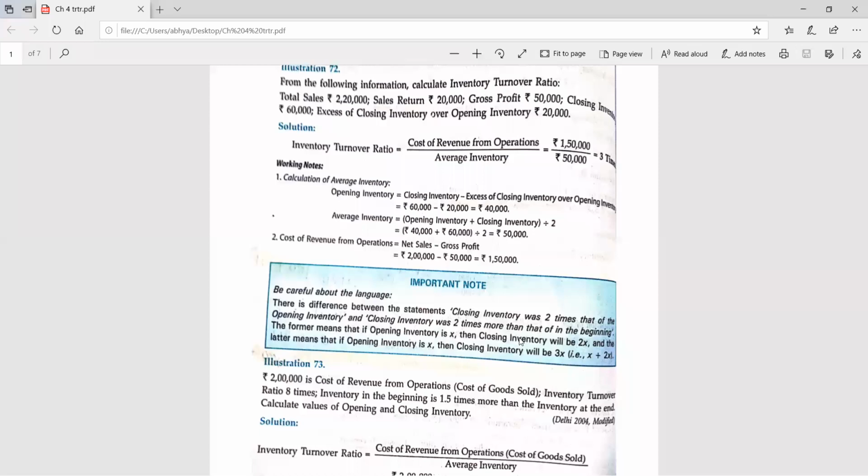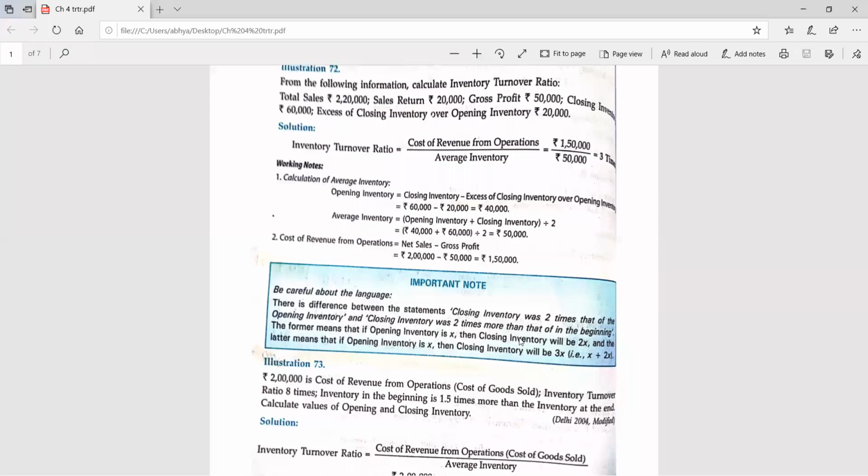So understand the important note given at the top of this question. There is a difference between the statements. Closing inventory was 2 times that of the opening inventory means if the opening inventory is X, then the closing inventory will be 2X. But here it is written that the closing inventory was 2 times more than that in the beginning.